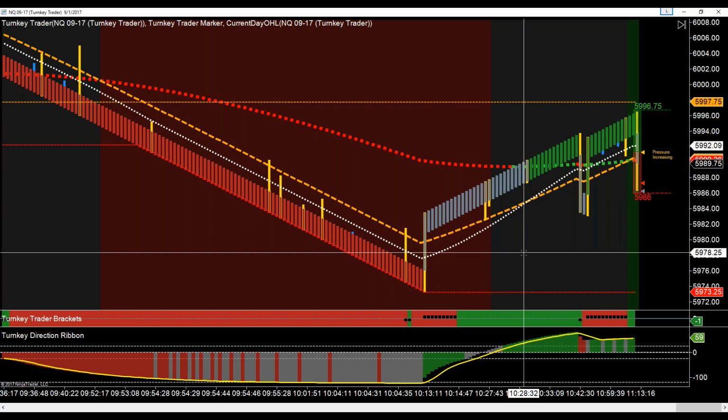Susanna's asking, with the trade marker, will I see the bounce sign prior to the entry price? Unfortunately, not. We're not able to program that because some of the indicators just cannot be programmed to plot live.